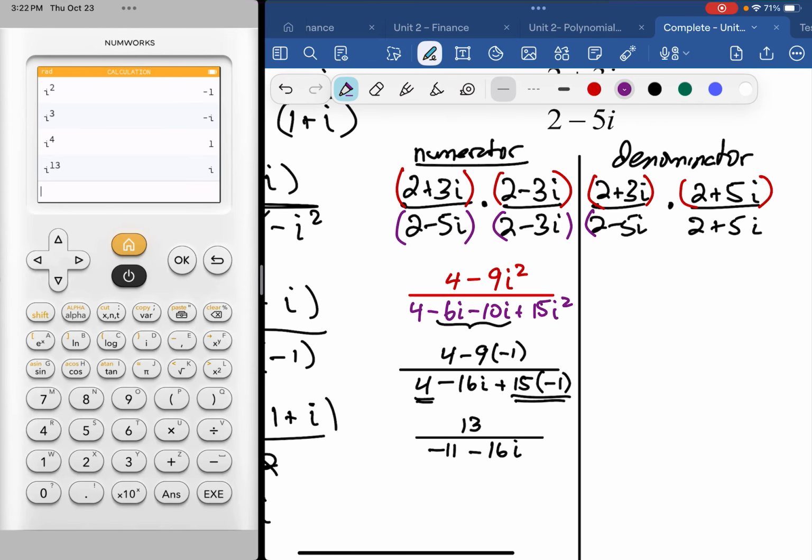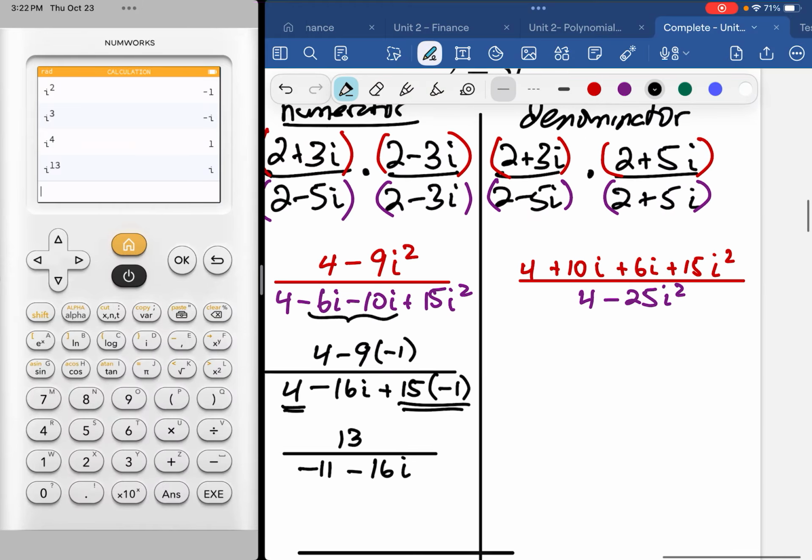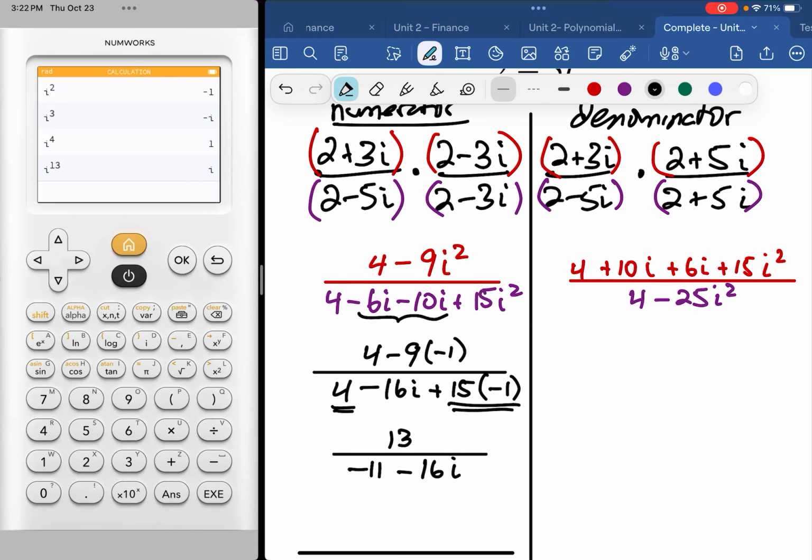Go purple on the bottom for consistency. So on the top, I'm going to get 4 plus 10i plus 6i plus 15i squared. Simplify that in a sec. But on the bottom, 4, outers and inners cancel, so minus 25i squared. All right, so combining terms, I have 4 plus, these two go together.